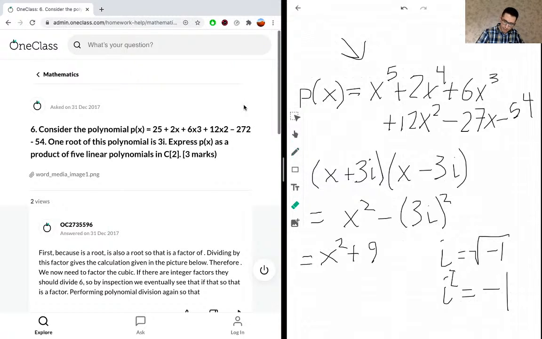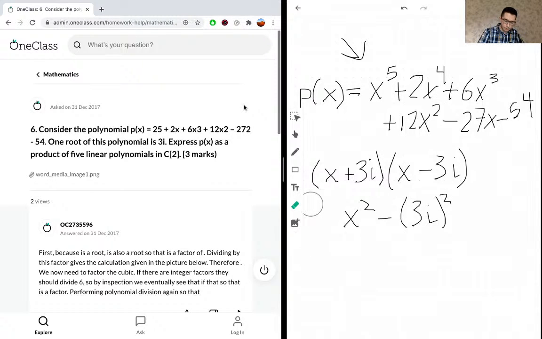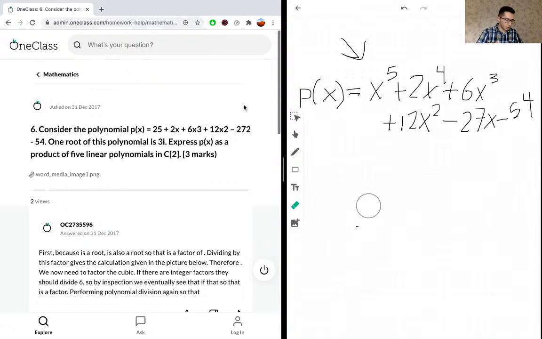So let's erase this down here. So we can use x squared plus 9 to do some long division between this polynomial and x squared plus 9. So I'll erase this over here just so I don't have to rewrite the equation. I might have to rewrite this a little smaller. Okay, so let me just clear the board.